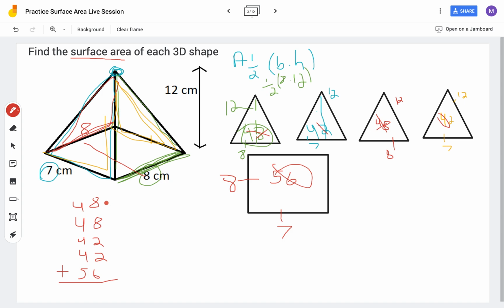Some people can add all this up together. I have trouble keeping all of this in my head. So I group it. So 48 plus 48, I know is 8 plus 8 is 16, 4 plus 4 is 8, and that's 9. So I know those two together are 96. Then we have our two 42s. It's going to be 84. And then our 56.